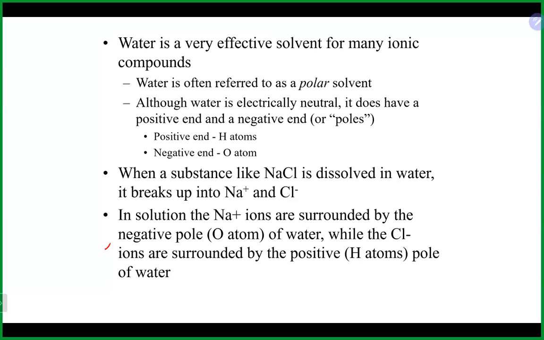A polar molecule means it has a separation of charge: a negative side, which is the oxygen side of water, and the hydrogen side is more positive. That's due to the overall unequal sharing of electrons, like when we talked about bonding and polarity and molecular polarity.